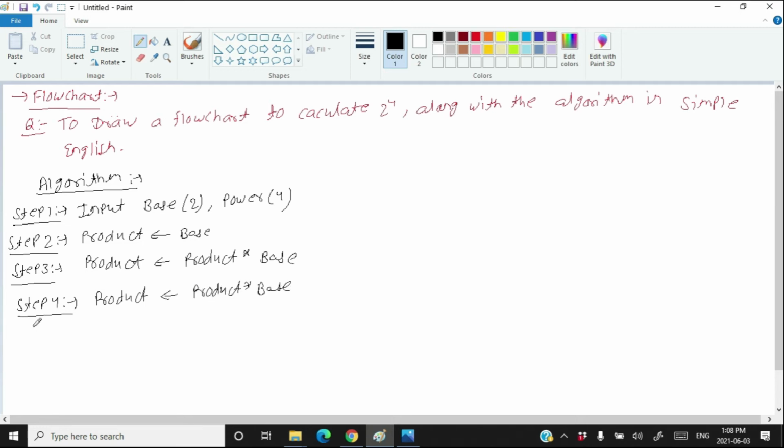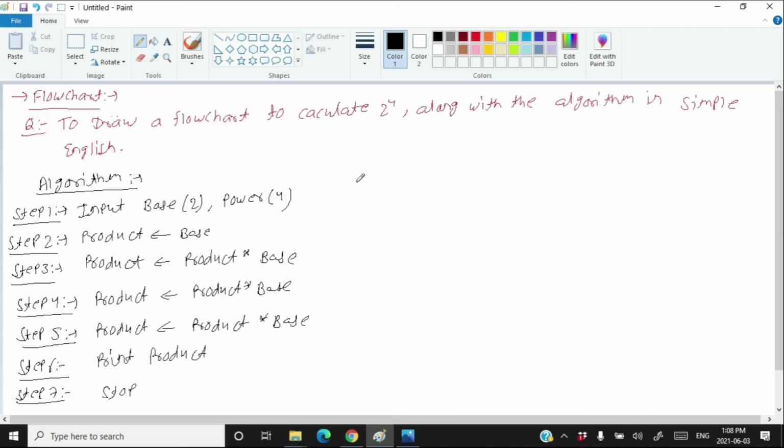Then in step 5, again you are calculating product is product multiplied by base. So actually in these 4 steps, 2, 3, 4 and 5, you have multiplied 2, 4 times. After it, in step 6, you print product. Then in step 7, you stop.